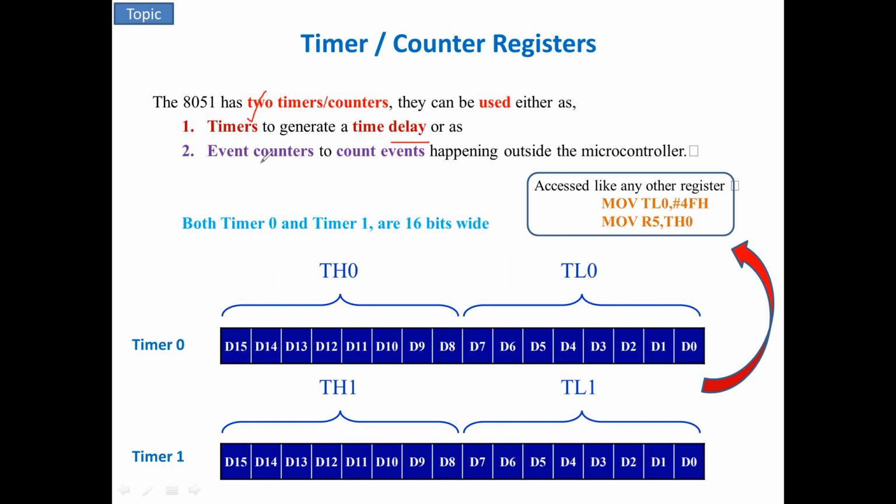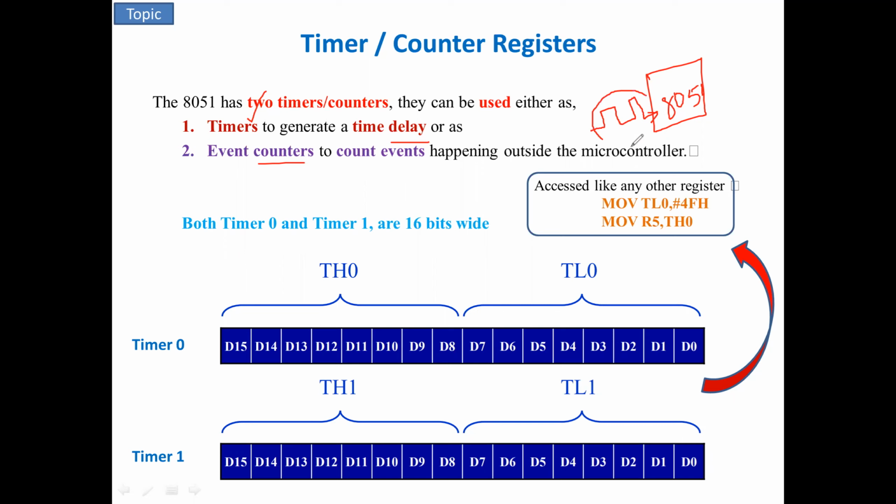Another point: the same register can be used as a counter. What is this counter? I want to check what my frequency is. For example, I have an 8051 controller and I provide an unknown frequency to it. I don't know what the frequency is, so I provide it to one of the pins of the 8051.